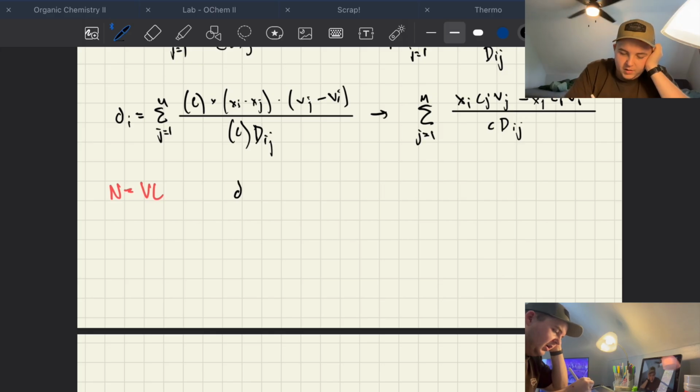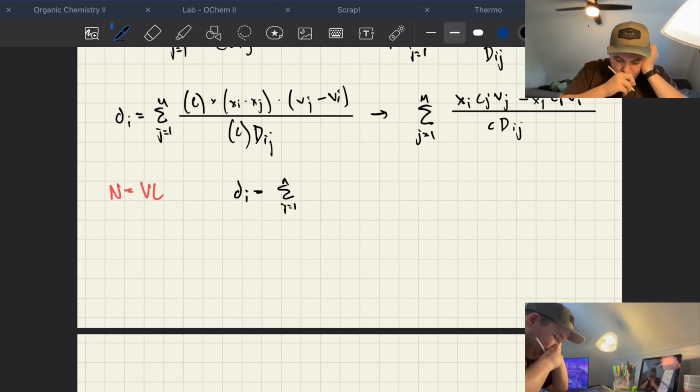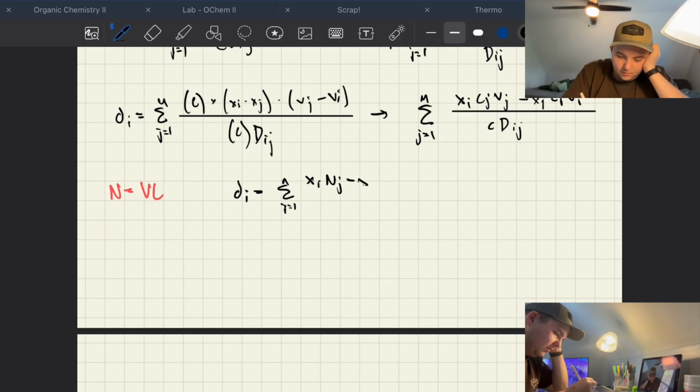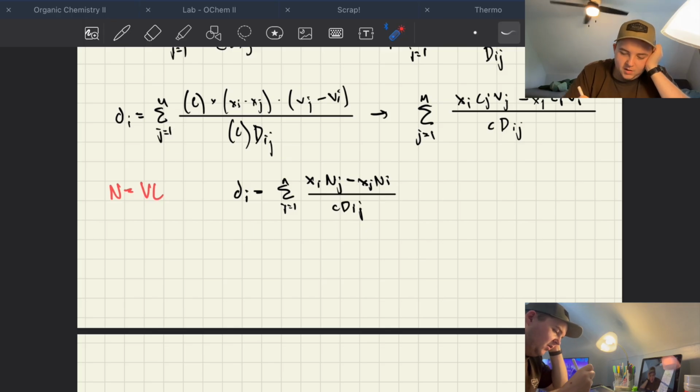So once we use our N equals vc, we're going to end up getting the summation will stay. So all we did in this step here was just take v times c, so take this component.